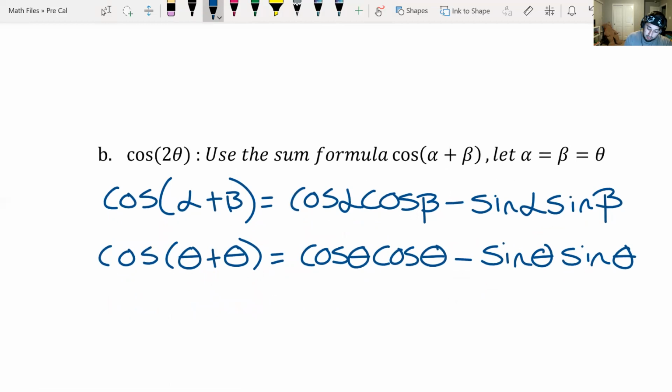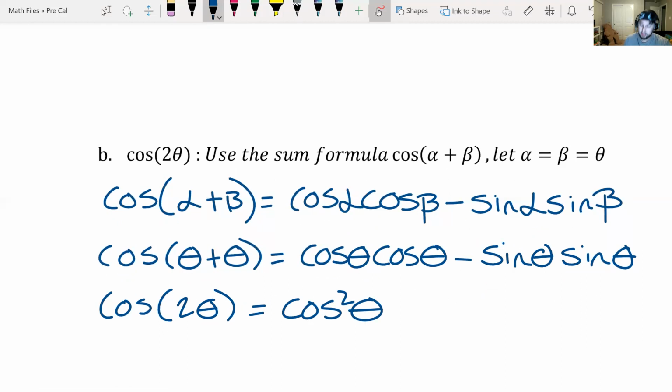Well then, this becomes cosine 2 theta equal to cosine times cosine is cosine squared theta minus sine times sine, sine squared theta.